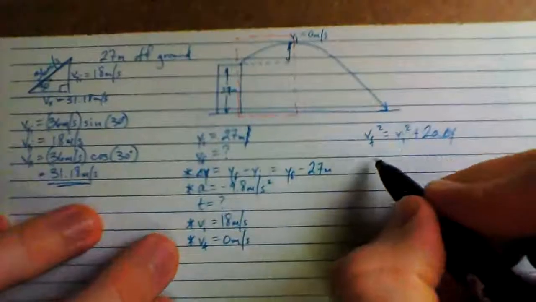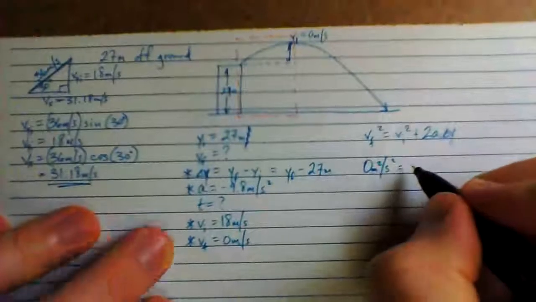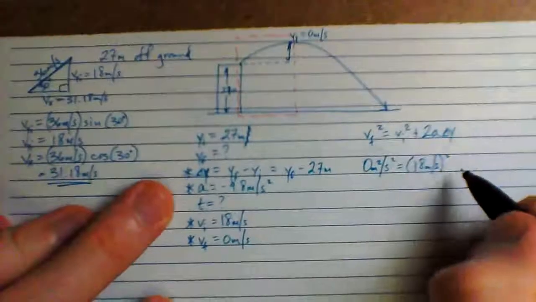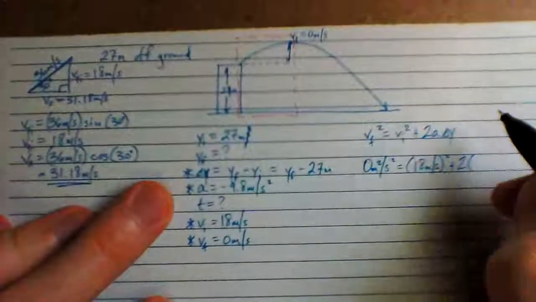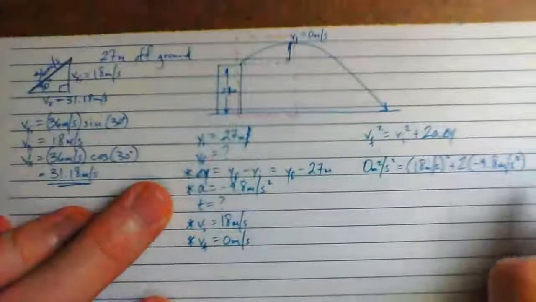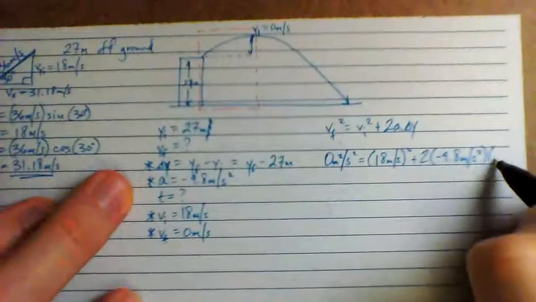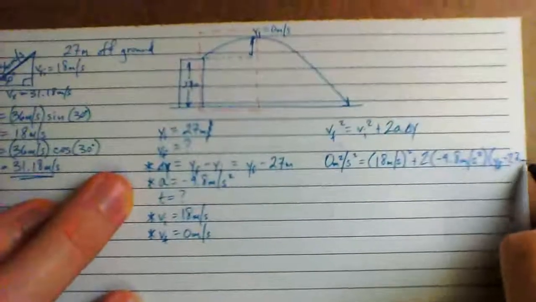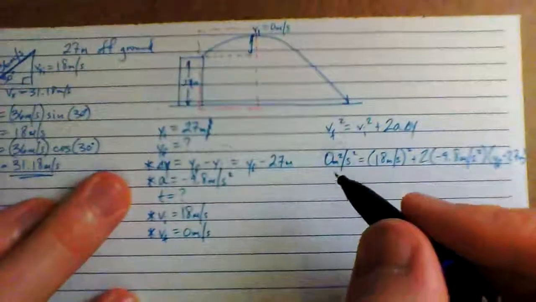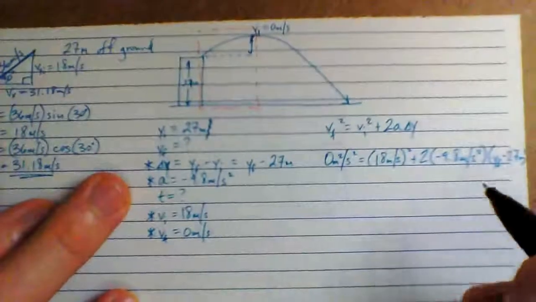So Vf is 0, so that's 0 meters squared per second squared, equals velocity initial, 18 meters per second, squared, plus 2 times acceleration due to gravity, negative 9.8 meters per second squared, times delta y, and that's going to be yf minus 27 meters. There we go. All right, so let's see. I'm going to go ahead and move 18 meters per second squared to the left side and square it all in one step.